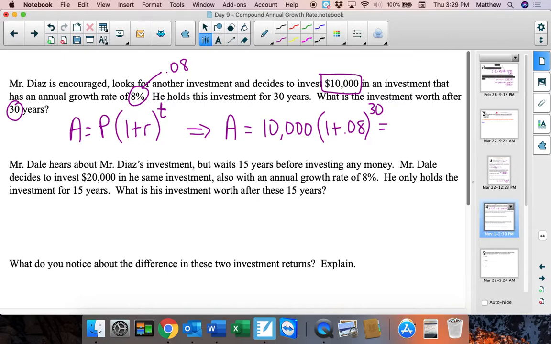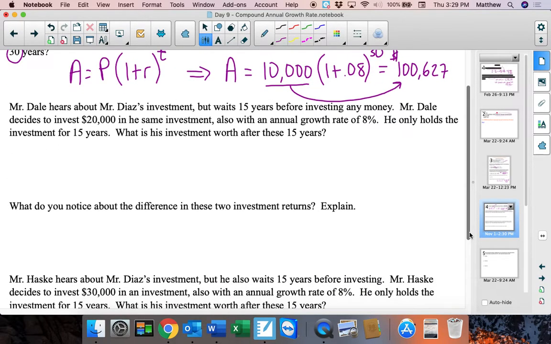And then underneath your clear button on your calculator, there's a little caret arrow up. If you hit that, it gets you to the exponent of 30 years. And you get 100,627, rounding to the nearest dollar. So finding something that grows 8% after 30 years, this initial investment turned into basically 10 times as much. And that is the power of compounding.